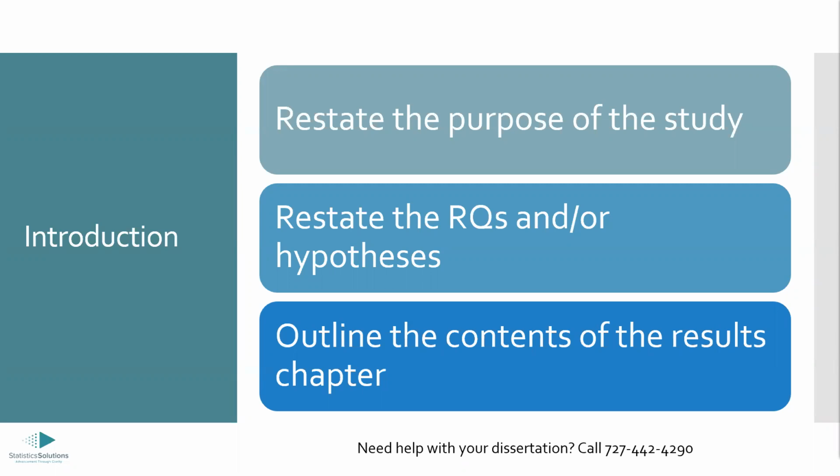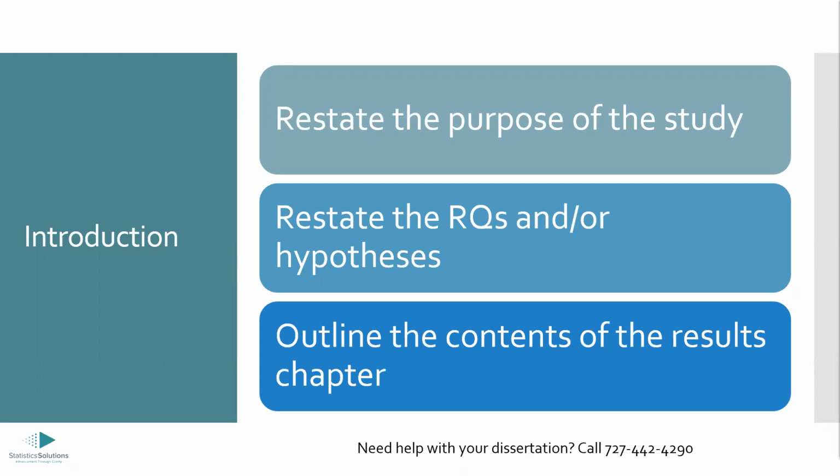When you restate the purpose of the study, this can be either a verbatim restatement of your purpose statement as you present it in previous chapters, or it can be an abbreviated version of your purpose statement. When you restate your research questions and hypotheses, these need to be stated exactly as they are presented in the previous chapters of the dissertation.